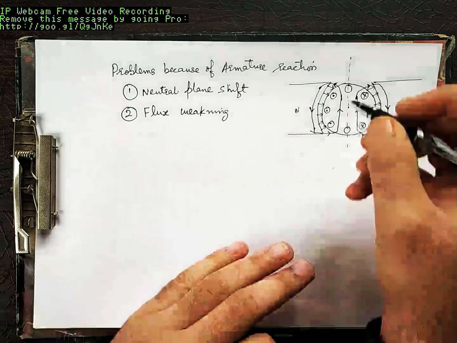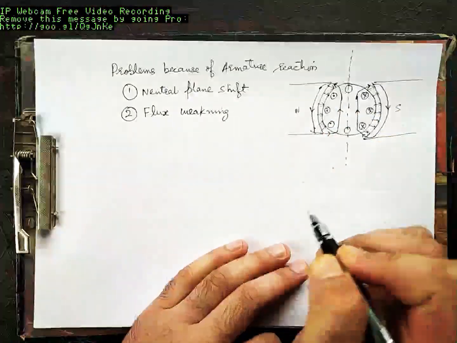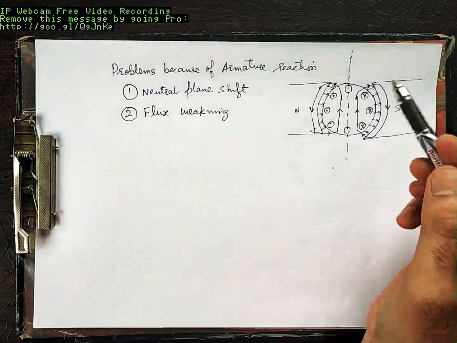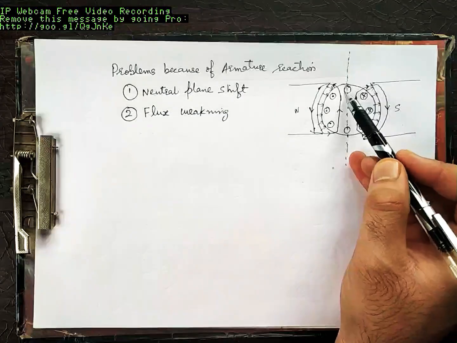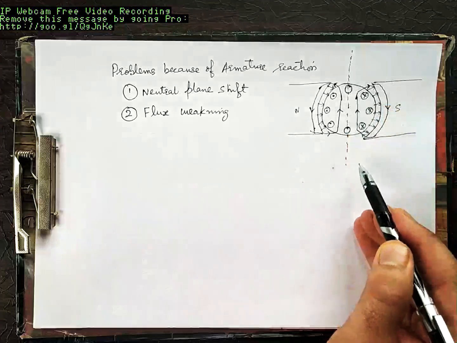Till now we know that this was the magnetic neutral plane. What's the magnetic neutral plane? It is that position in the space where, whenever the conductors lie along this plane, the voltage induced in those conductors was 0.